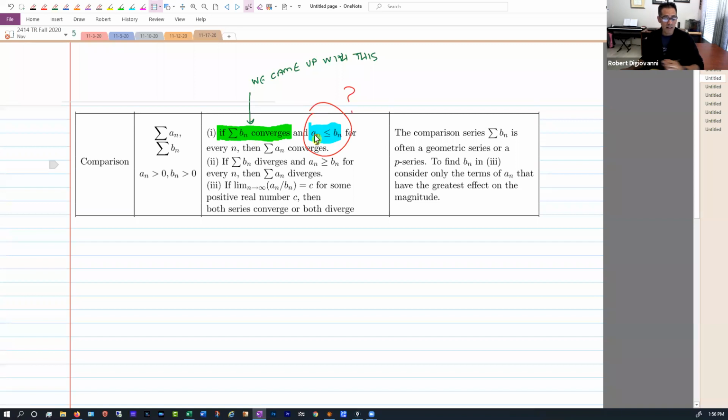Had we found a divergent series to compare it to, we would have had to show the inequality works the other way, which, if you tried, it wouldn't. I promise you, go try to find something divergent to compare it to and show that's true, you're not going to be able to.